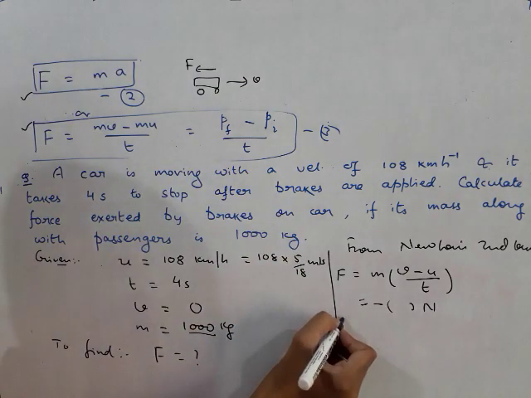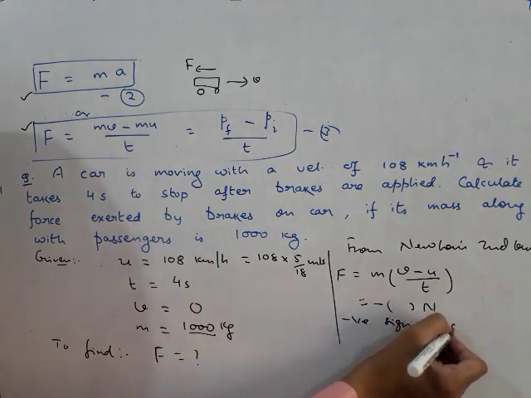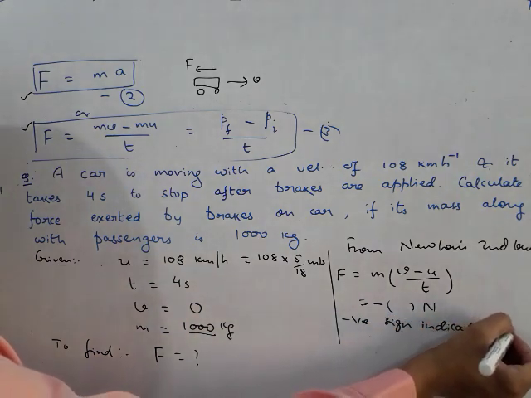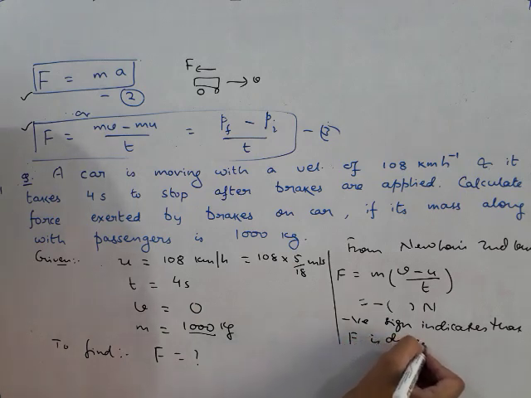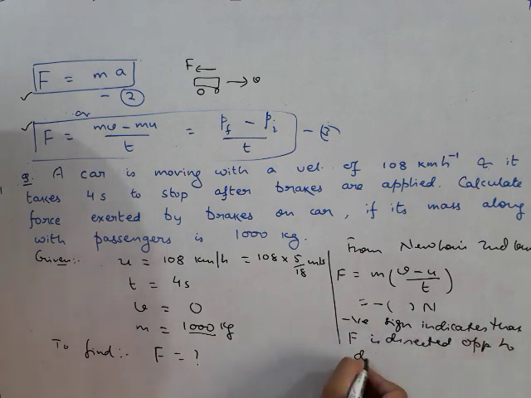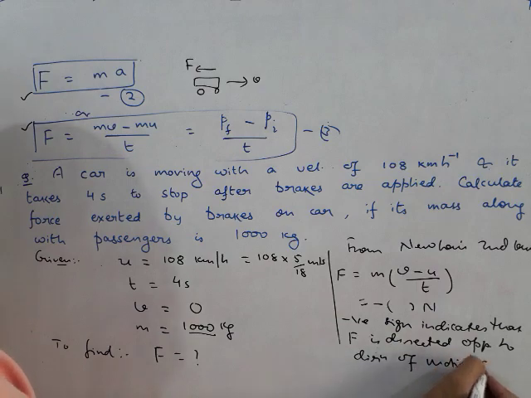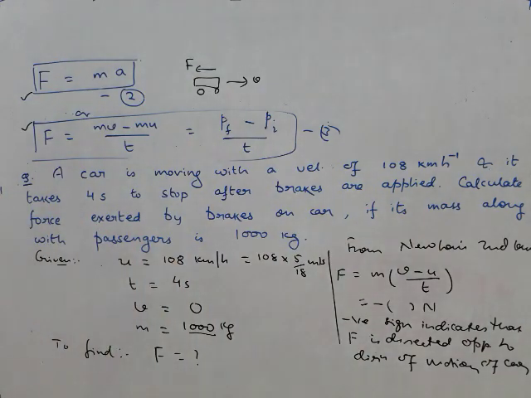So here you should write one statement: the negative sign indicates that the force is directed opposite to the direction of motion of the vehicle or the car. Is it clear, students?